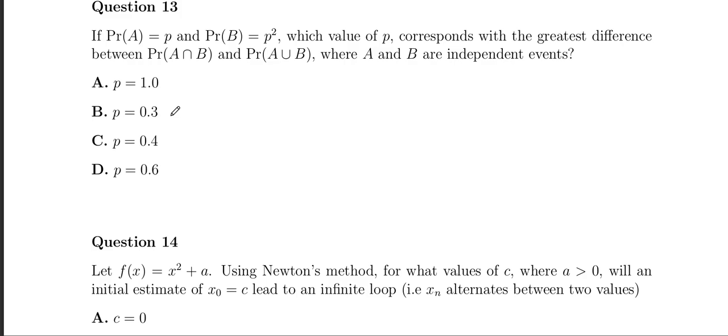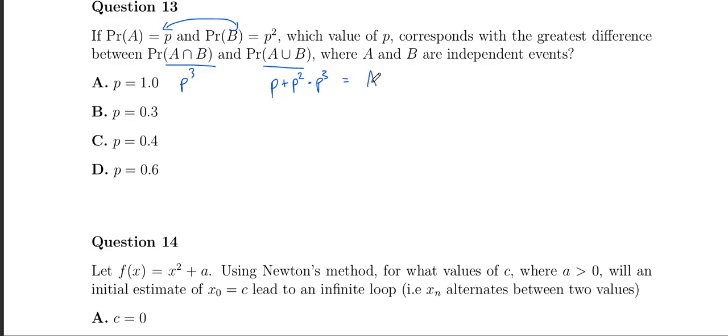All right, probability of A, probability of B is P. What's the greatest difference between the intersection and the union, where A and B are independent? So since they're independent, then probability of A intersection B is equal to the product of these two, which is P cubed. And then using the formula, probability of A union B is going to be P plus P squared minus P cubed.